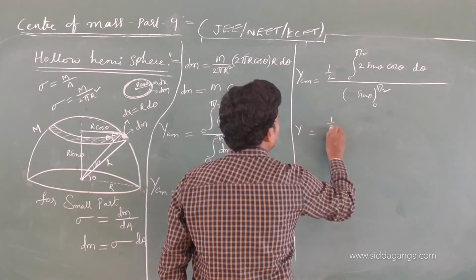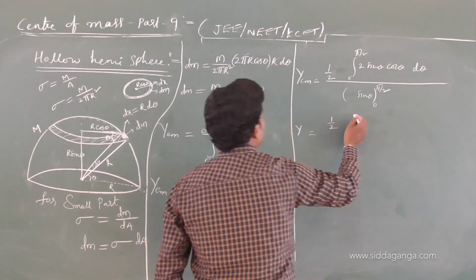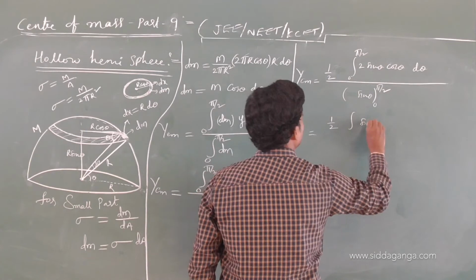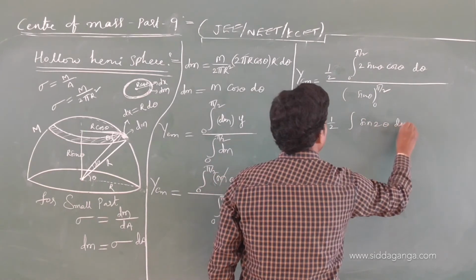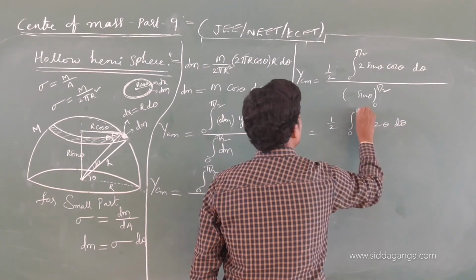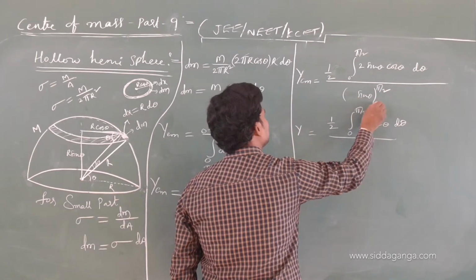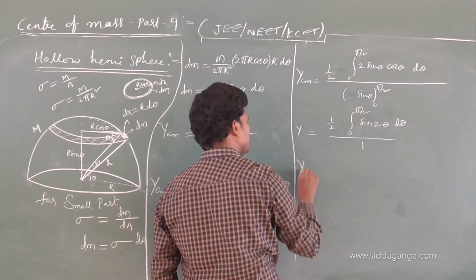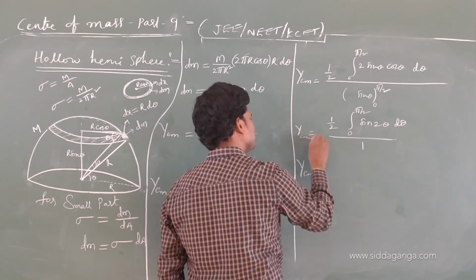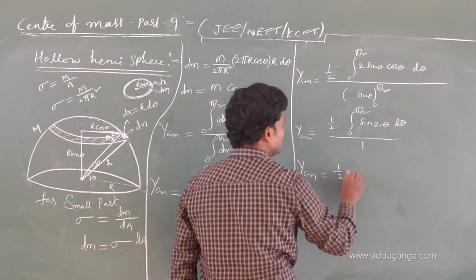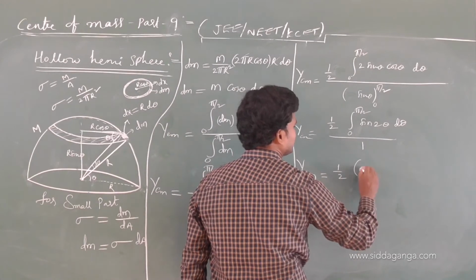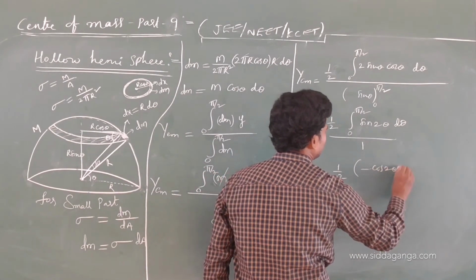Here 1 by 2, 2 sin theta cos theta is sin 2 theta, sin 2 theta d theta, 0 to pi by 2. Sin 90 minus sin 0, this is 1. So y_CM is 1 by 2. The integral of sin 2 theta is minus cos 2 theta.